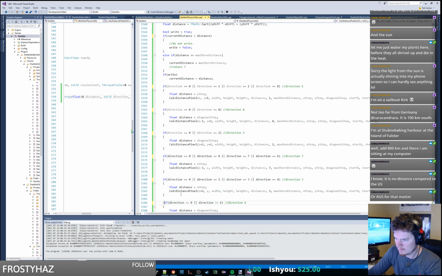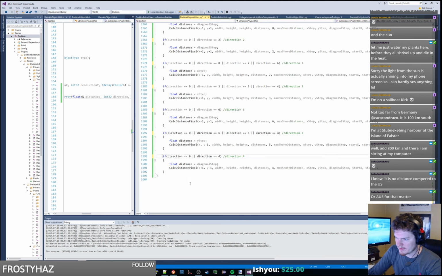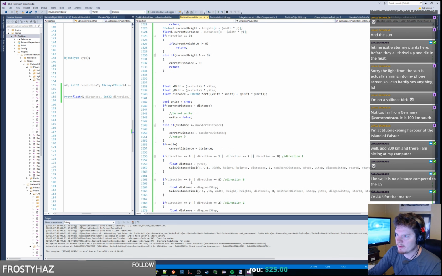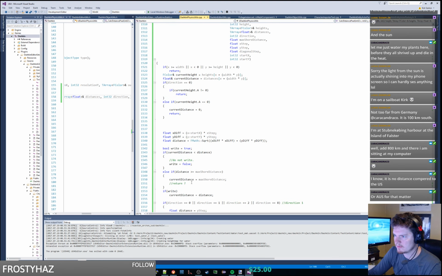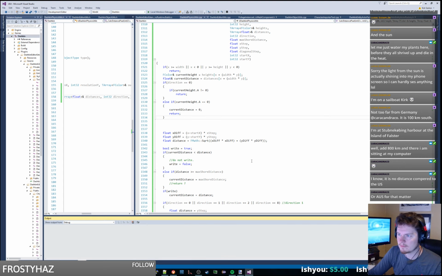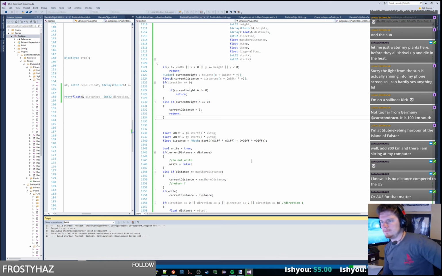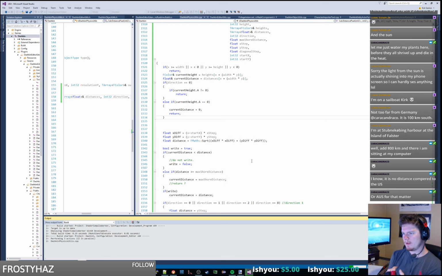We need these protections back so we don't go over the same pixels again. It may have been that we were running into a 0 pixel and stopping our distance formula or something like that.